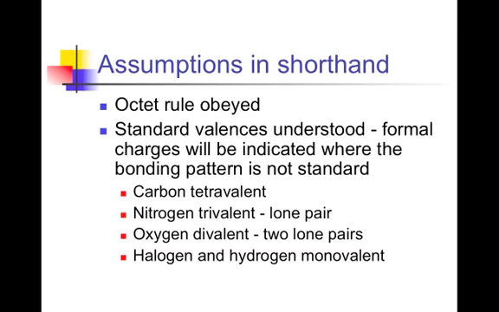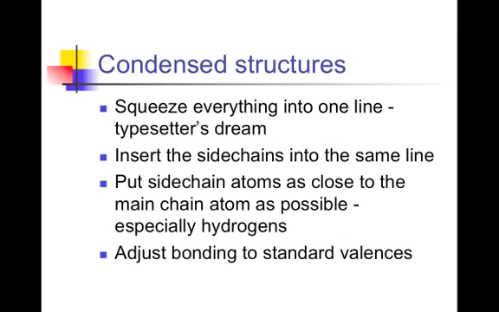That is, carbon's going to be tetravalent, nitrogen will be trivalent with a lone pair, oxygen divalent with two lone pairs, and halogen and hydrogen are going to be monovalent. Whenever that's not the case, we're going to use formal charges as more or less a flag that an unusual bonding situation obtains. And so, the first thing to consider are condensed structures.